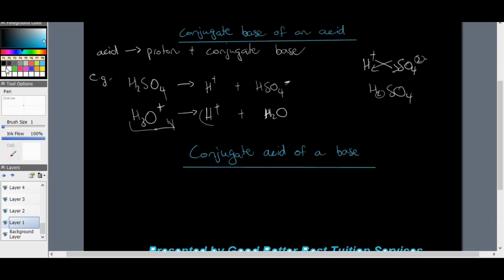Let's have a look at that in an example, generalizing first. If we have a base of any kind, plus the proton, we end up with a conjugate acid.